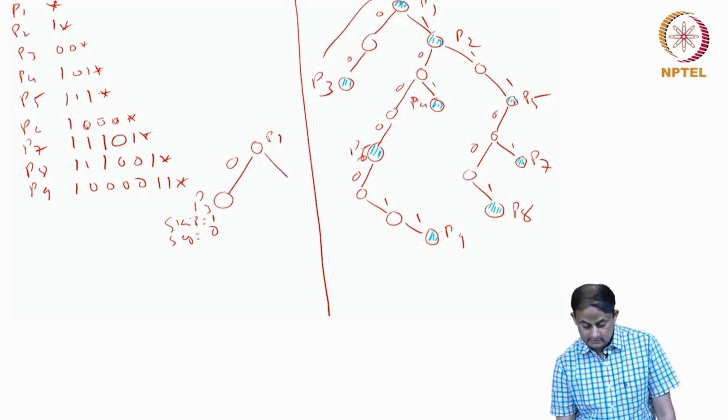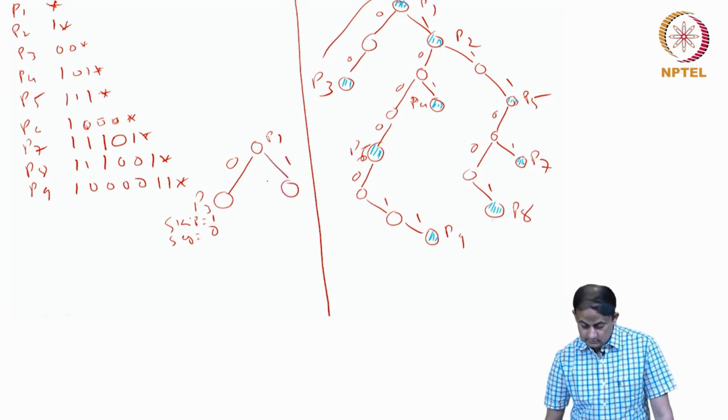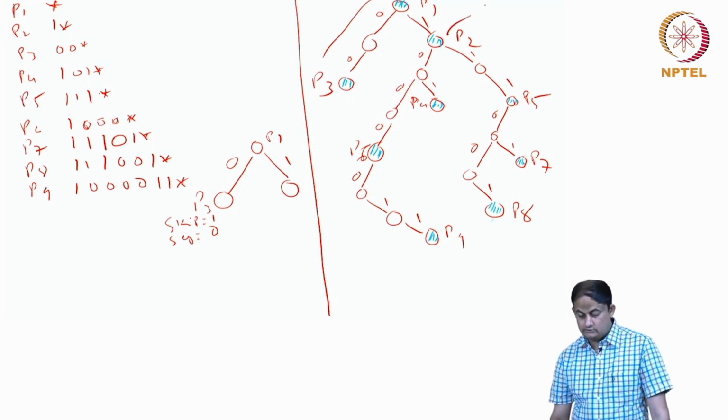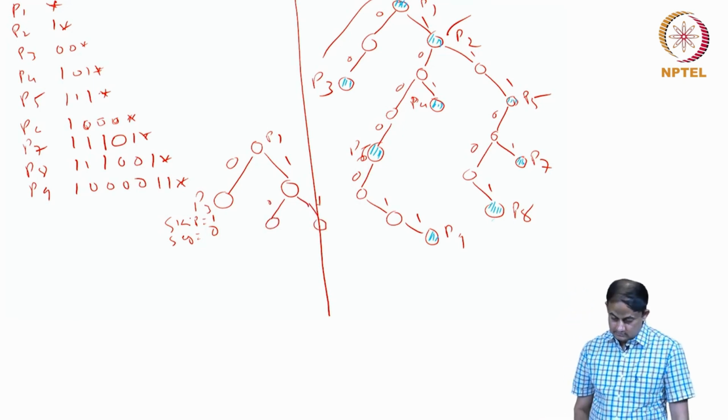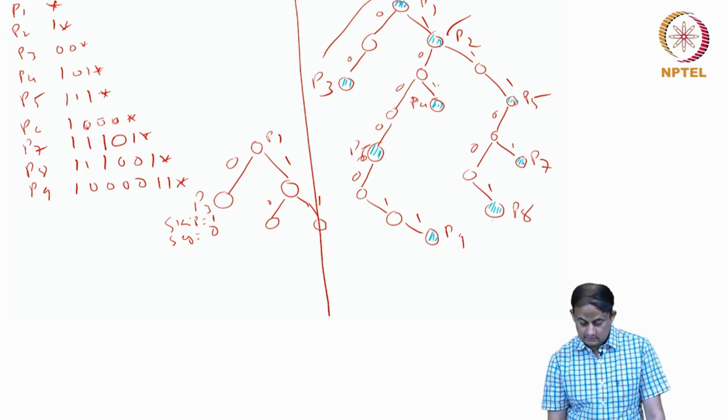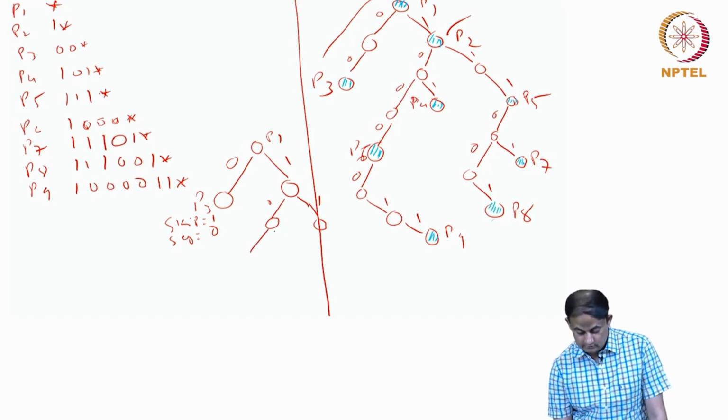And on the right hand side you have a 1, and this node has 2 children. I cannot do anything about it, just retain them as they are, 1 on 0 and on 1. And this also has 2 children, 1 on 0 and another one on 1. So retain that as it is.